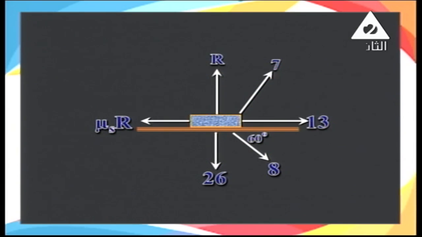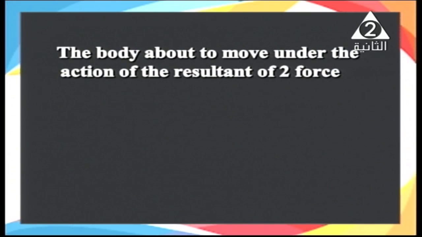What is the resultant of the two forces? The resultant equals 13. Why? Because if we have two forces, 7 and 8, with an angle between them of 60, then the resultant is the square root of 7 squared plus 8 squared plus 2 times 7 times 8 cosine 60, which equals 13.